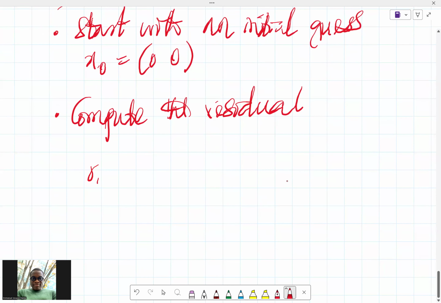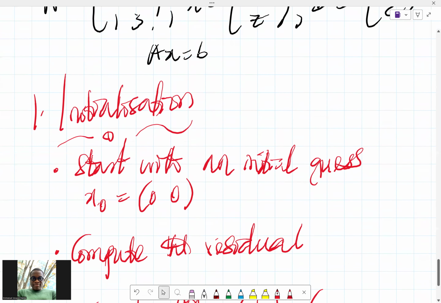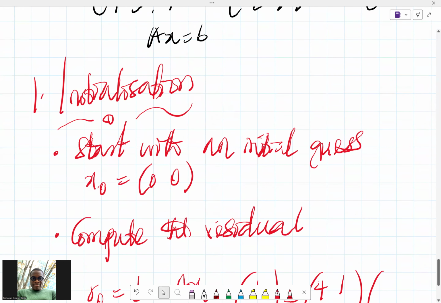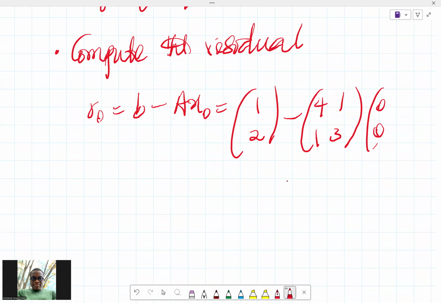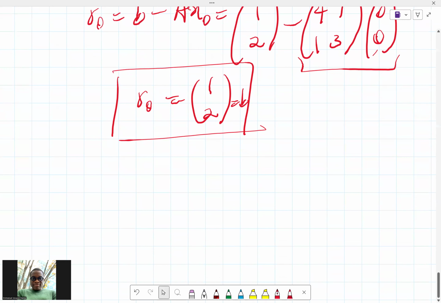That means R naught is equal to B minus A X naught. B is 1, 2 minus A, which is 4, 1, 1, 3, times X naught, which is 0, 0. Obviously this is 0 automatically. So R naught is just the known vector b, so R naught is 1, 2.